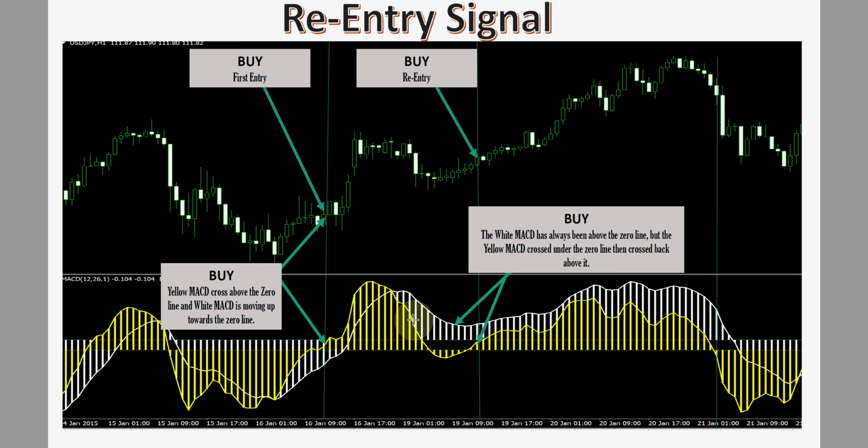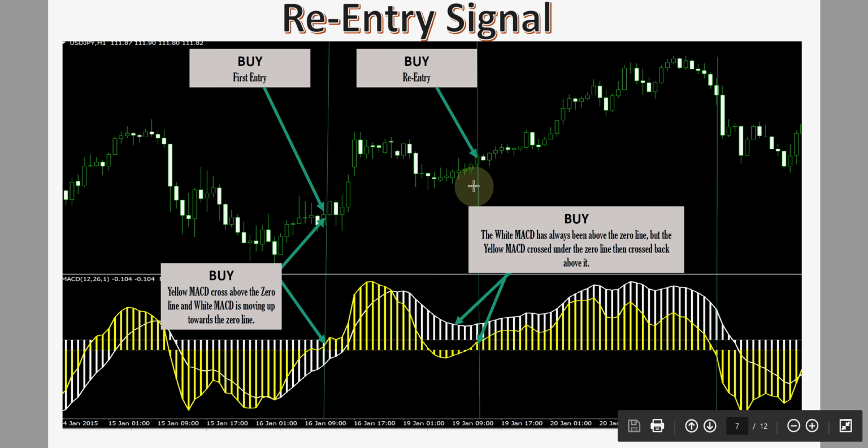So it goes against the trend and then comes back up to follow the trend. But while the small MACD is doing that, the big MACD still continues with the trend. The big MACD never dips below the zero line. It's always above the zero line. Only the small MACD dips and then comes back. So this is the re-entry signal. At this point, you will enter a buy position.